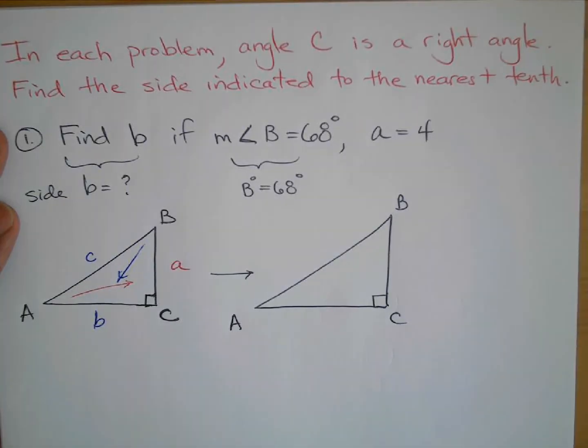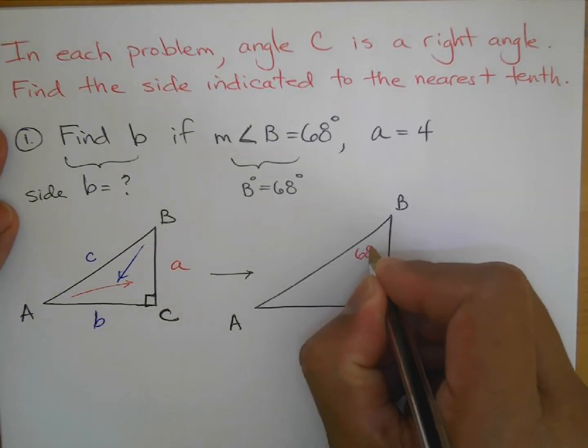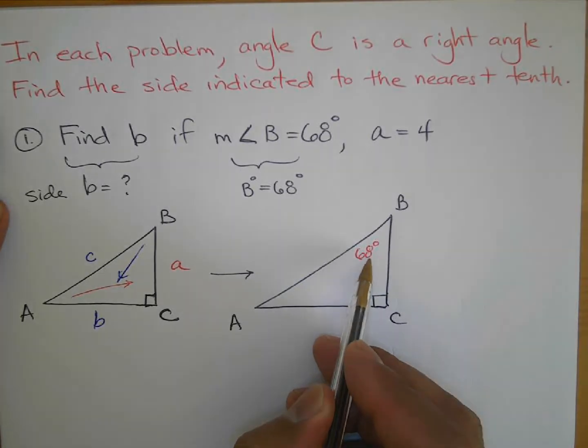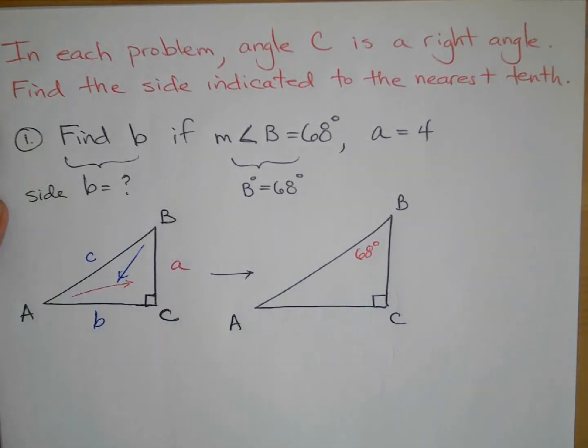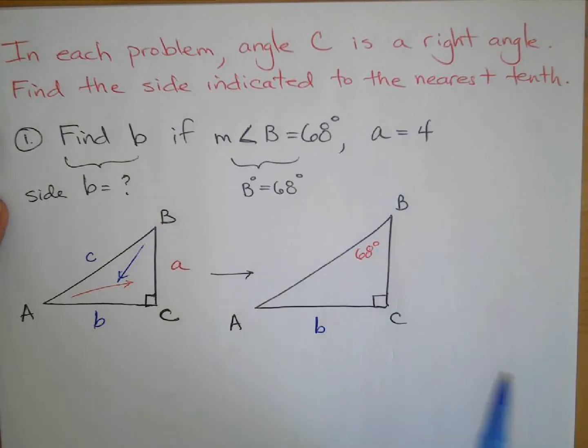I'm going to fill in the fact that angle B is 68 degrees. Side B is the one they're asking you to find, so put that there. And then they give you another side: side A is equal to 4.